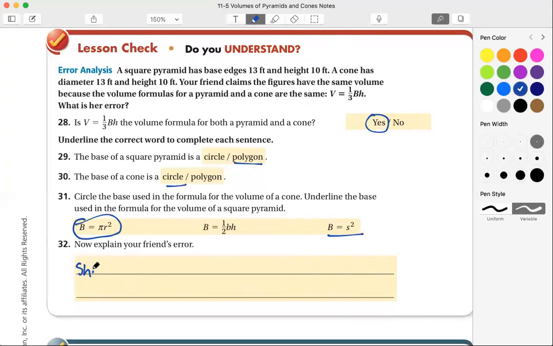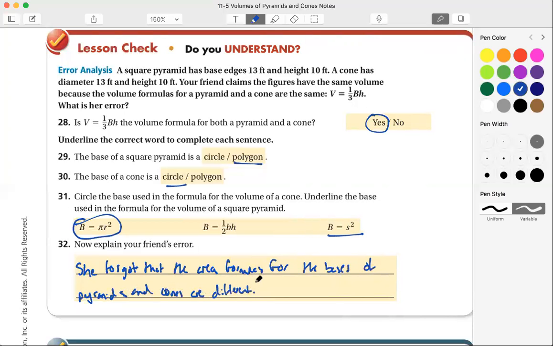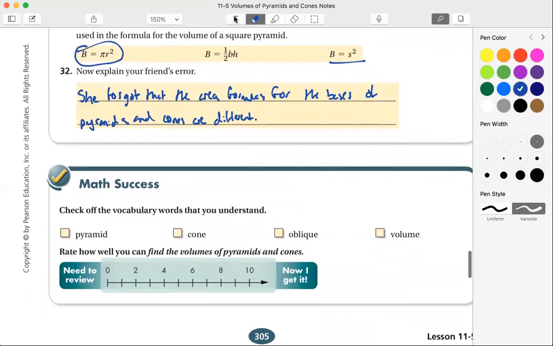Okay, so my friend forgot that the area formulas for the bases of pyramids and cones are different. All right, and that's the end of that section.